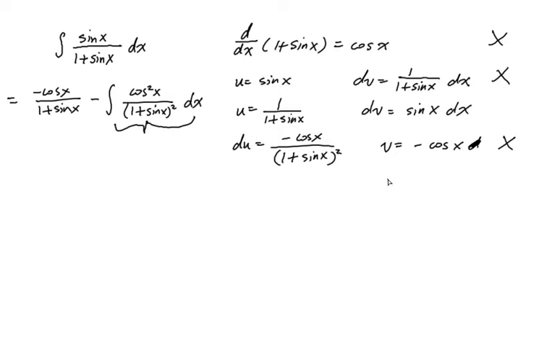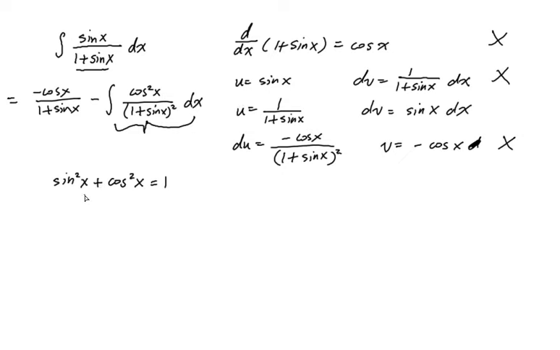So what you really want to do is, when you see this kind of denominator 1 plus sine x, you want to apply the trig identity. We all know that sine squared x plus cosine squared x equals 1.